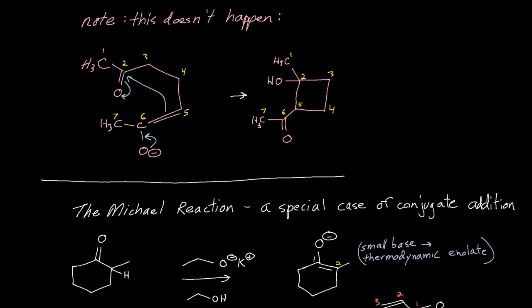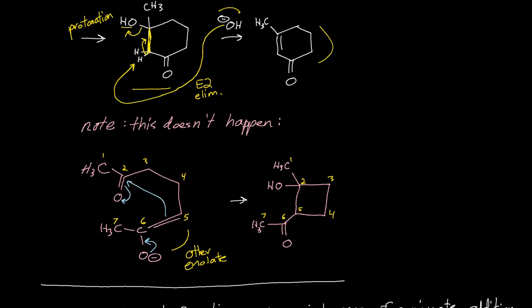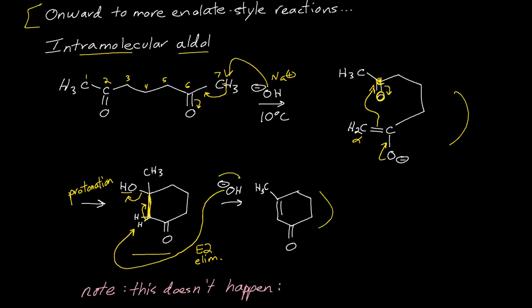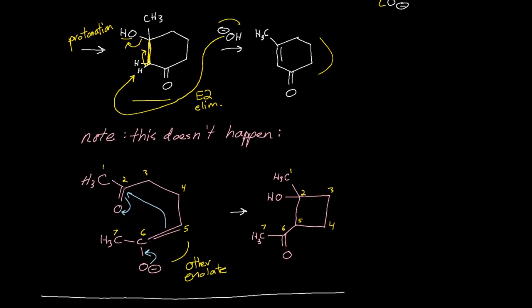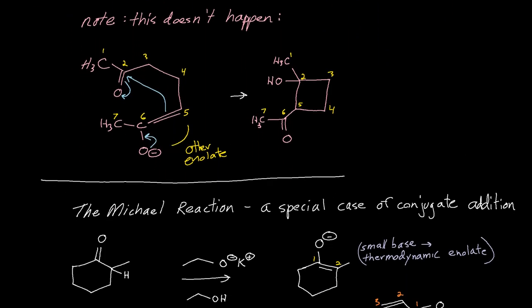If the enolate, if this would be the other enolate that forms, theoretically, up here, right? So instead of any of these protons being removed, it's actually a result of either of these protons being removed. So you say, how come that doesn't happen?